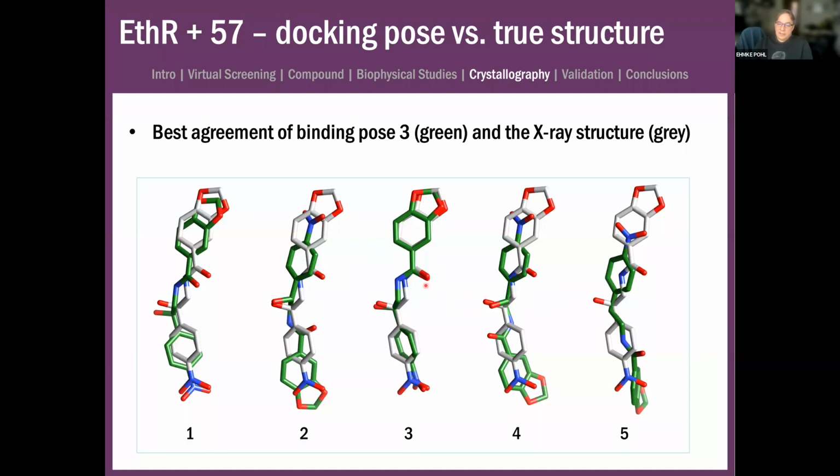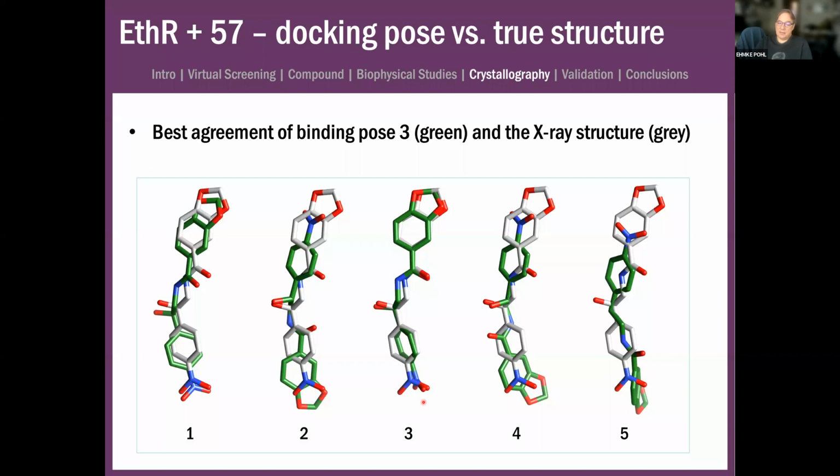So this basically shows that although we use, I would say, a very sophisticated docking algorithm, the docking score alone is not sufficient to find the true structure. So again, our best docking score is this one up here. If we had relied on the docking score, we would have said this is our binding pose. And in fact, this is one of the examples where the docking poses are quite good.